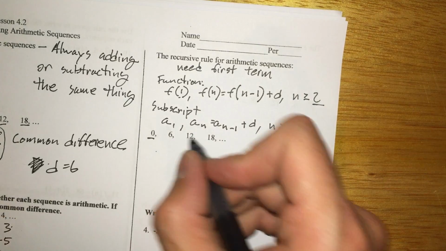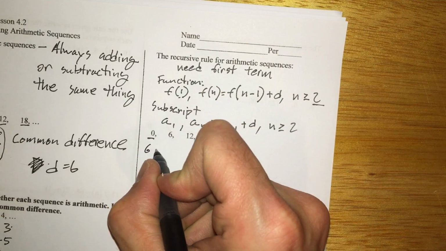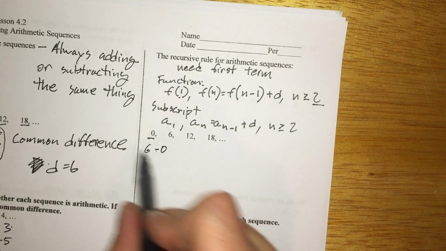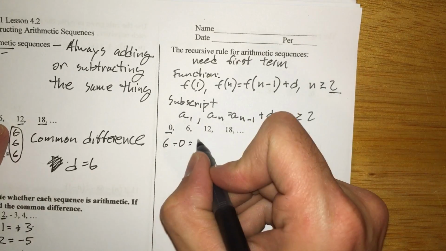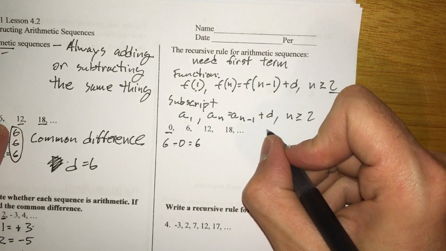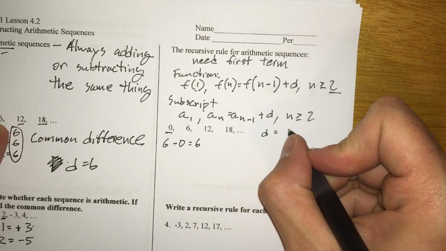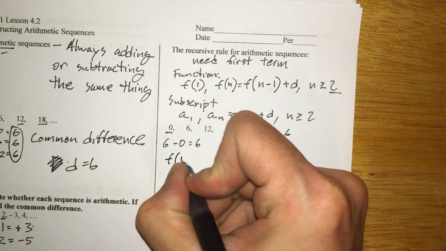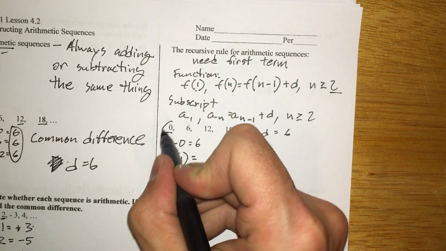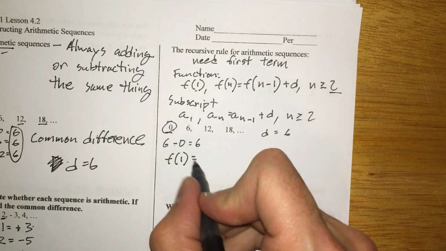Okay, so for this first one, we're going to find our common difference first, and we're going to go 6 minus 0. Oh wait, we already did common difference. We already know that one over here, and we know it works, and so it's 6. So d is 6. Okay, so f of 1, we know what f of 1 is. It's right there. It's the very first term.